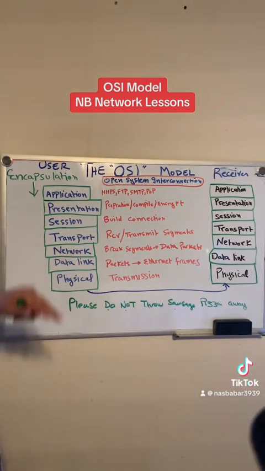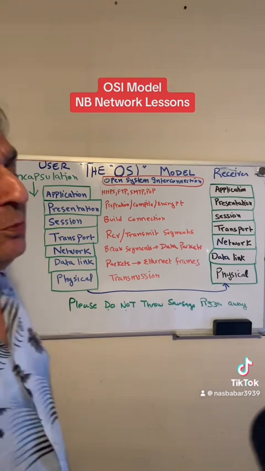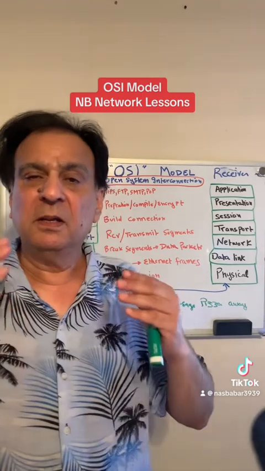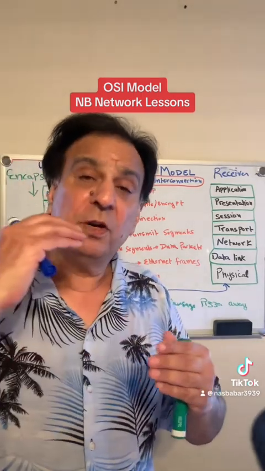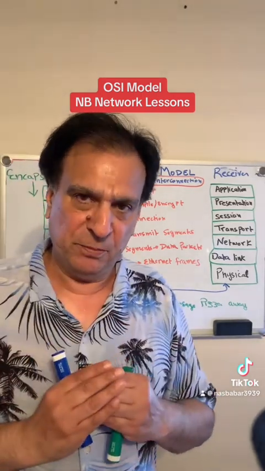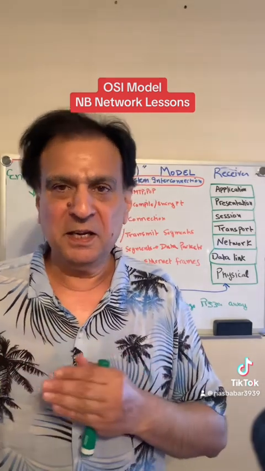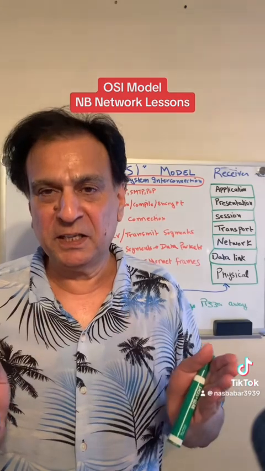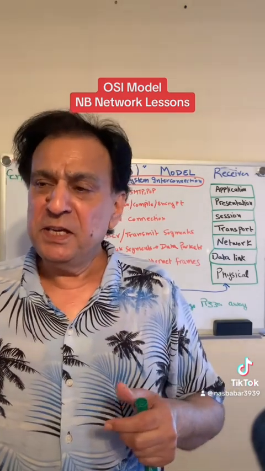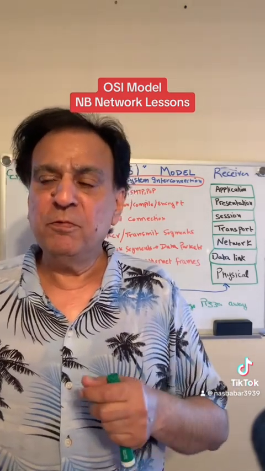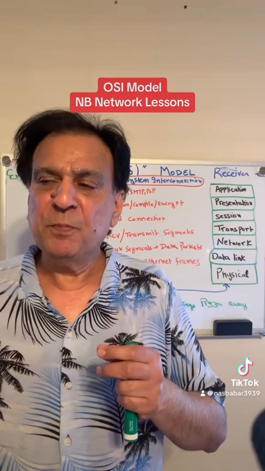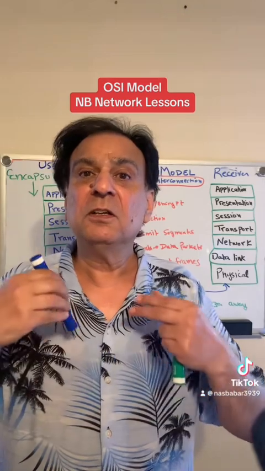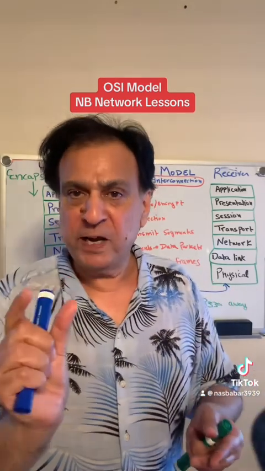Then you have the data link layer. At the data link layer, the IP packets are converted into Ethernet frames. If you go back and watch my lecture on the Ethernet frame, it'll clarify that. Anytime a frame is on an Ethernet segment, that's considered a frame.